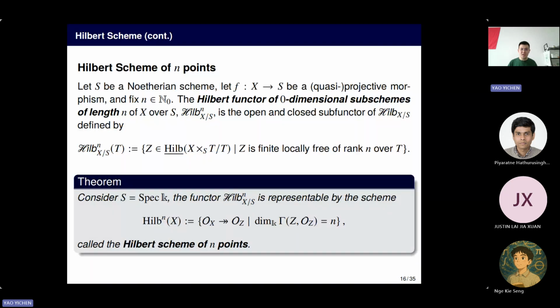After that, we just want our sheaf on the whole space to be isomorphic to O_U to the power of n, which means O_{spec K} to the power of n. So if we apply the global sections on both sides, we get that the global section of the sheaf has dimension n. And we call this the Hilbert scheme of n points.